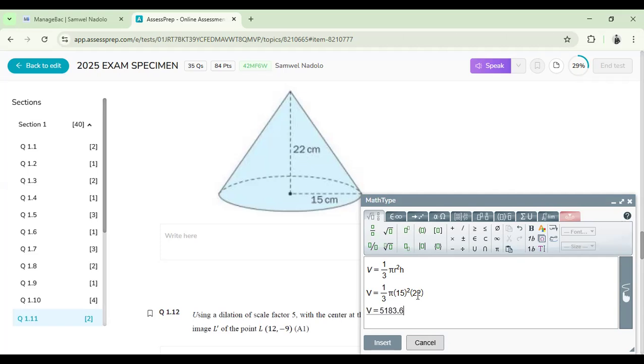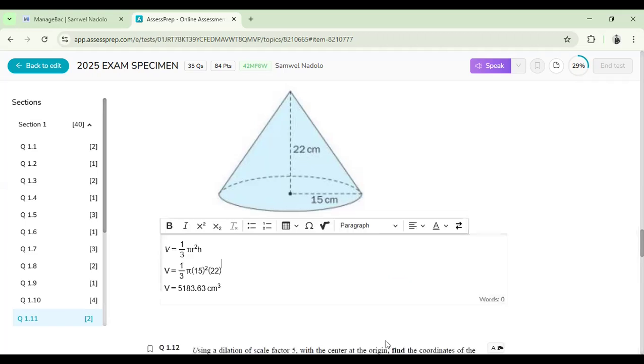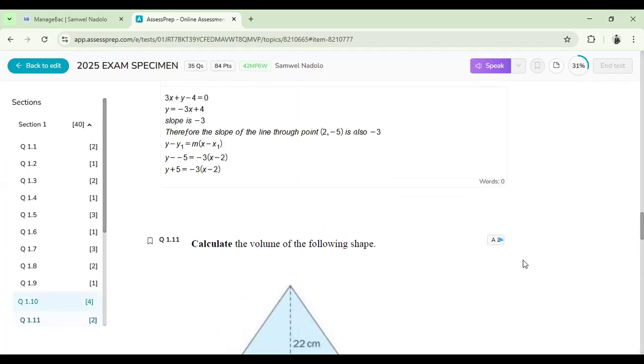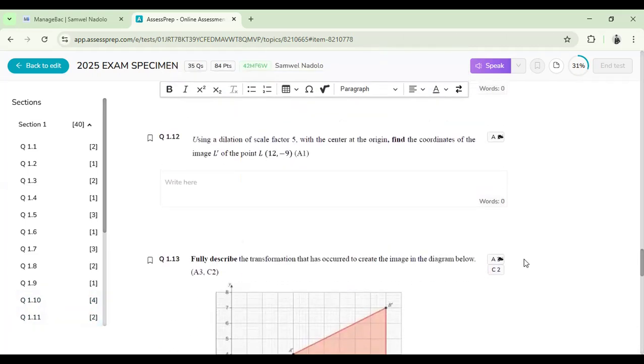To two decimal places, 63. And the dimension for volume is cubic centimeters. So you'll write the dimension for volume and you get that as your answer. So you have gotten your A2.